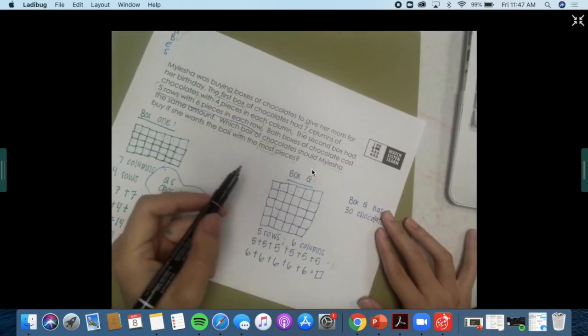So back to my question, it says, which box should Maisha buy if she wants to buy the box with the most pieces?